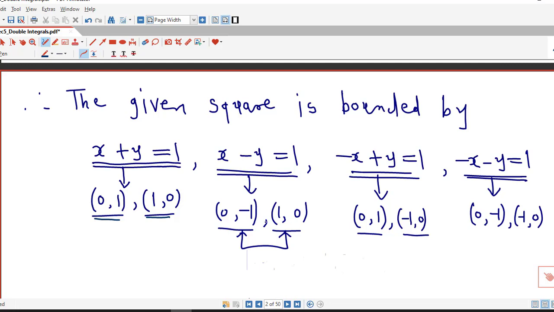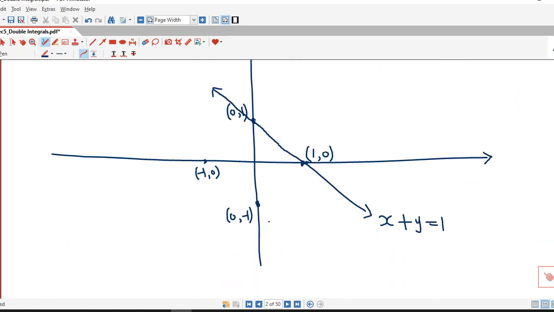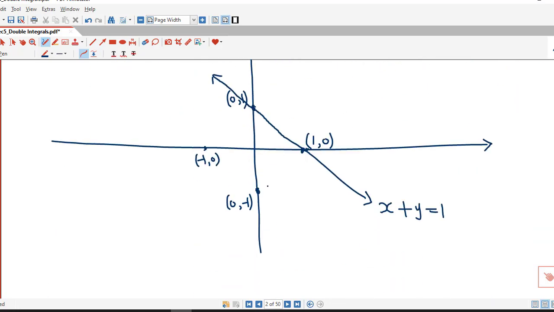It is passing through (1, 0) and (0, -1). So this is the line. If we join these 2 points, (1, 0) and (0, -1), then this line is x minus y equals 1.